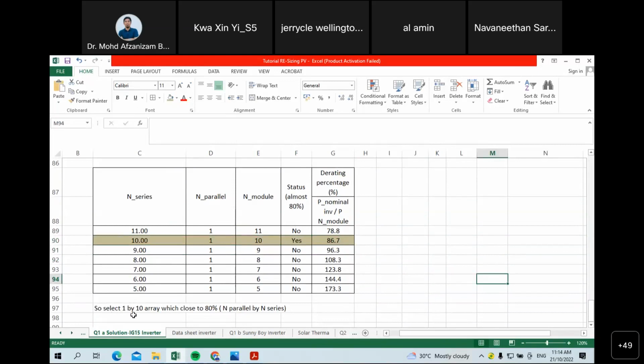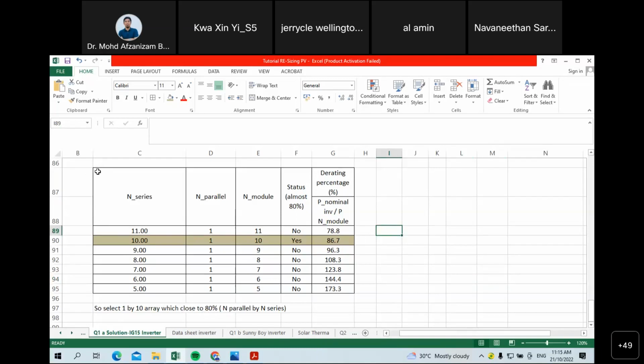Select the 1 by 10 array, meaning the parallel is only 1 and the series is 10, which is close to 80%.